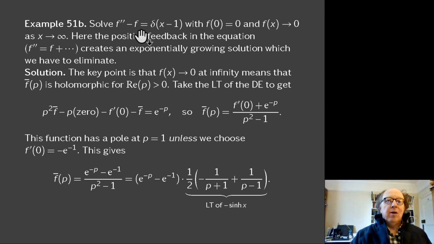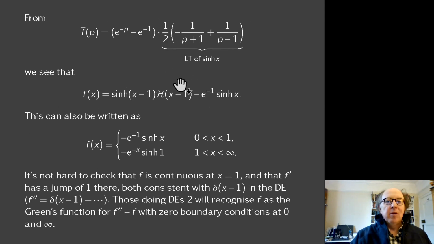There are, of course, a lot of higher order terms in f double primed and in f, and they come from the solution itself. From here, maybe is the easiest way to see it. There are a lot of higher order terms, but the leading order behavior, the most singular behavior, is a delta in f double prime.